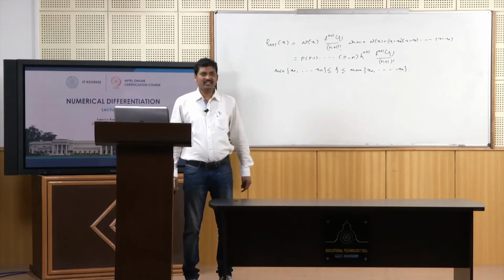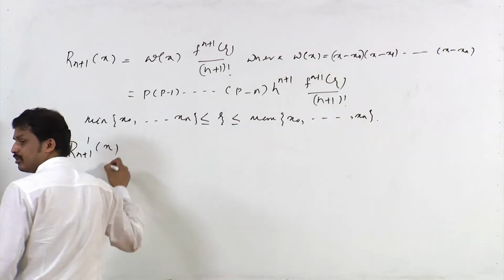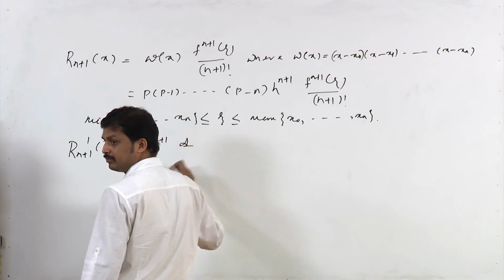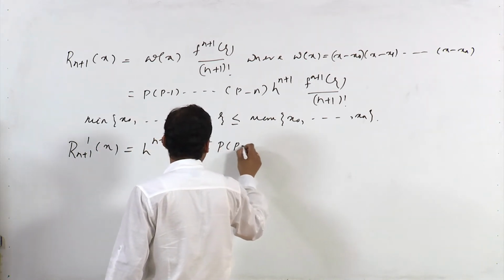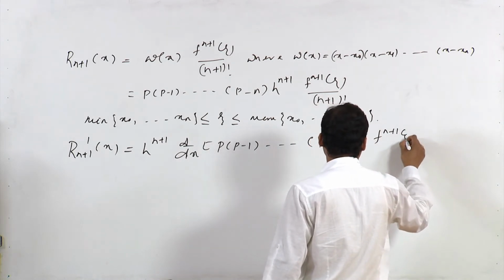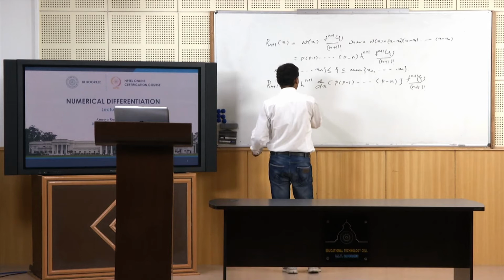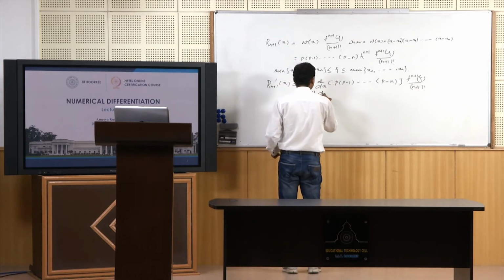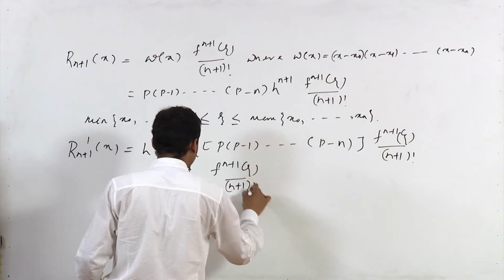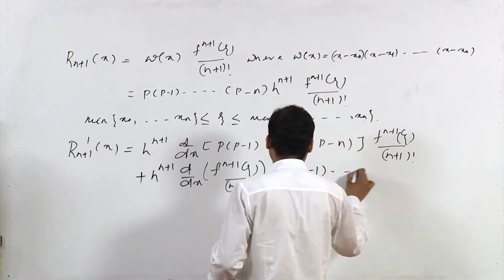If we want to differentiate this error term, then Rn plus 1 of x can be written as Rn plus 1 dash of x, which can be expressed as h to the power n plus 1, since it is a constant, d by dx of p into p minus 1 up to p minus n, f to the power n plus 1 of zeta by n plus 1 factorial, plus h to the power n plus 1 d by dx of f to the power n plus 1 of zeta by n plus 1 factorial into the product of p terms, that is p into p minus 1 up to p minus n.